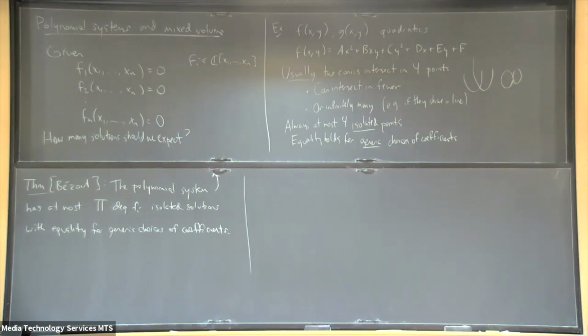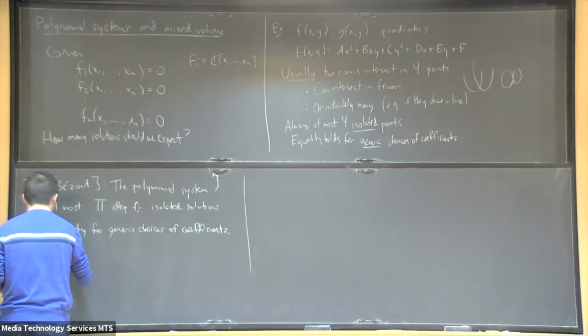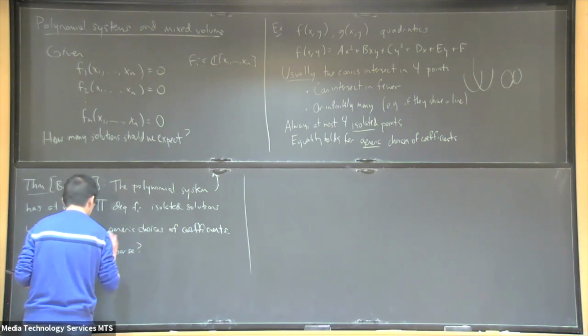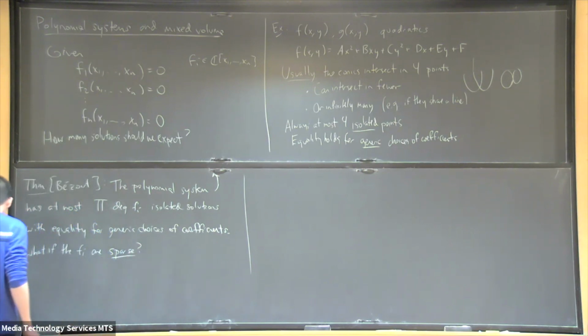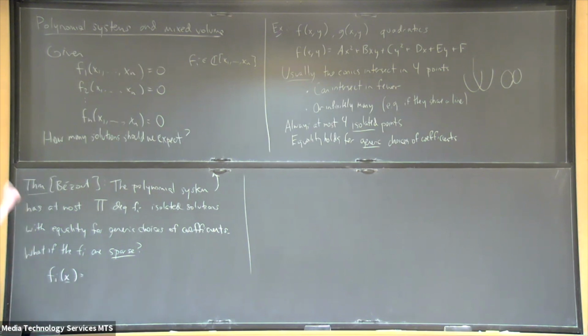And so we can ask the question, what if the f_i are known to be sparse? We're going to consider the situation where we have our polynomial f_i. Here I'm using x just to denote the set of n variables, x1 through xn.